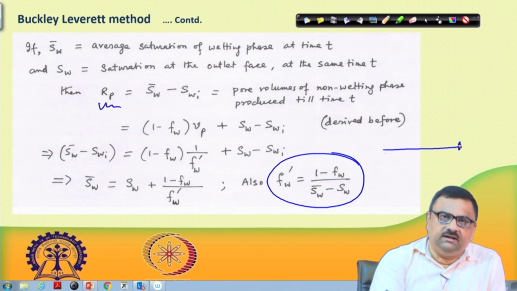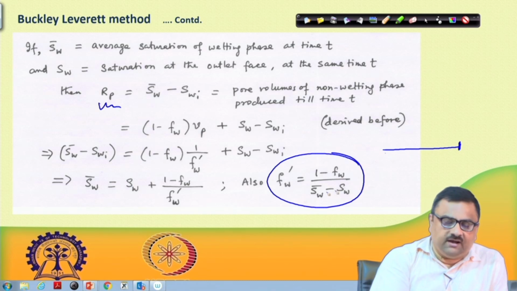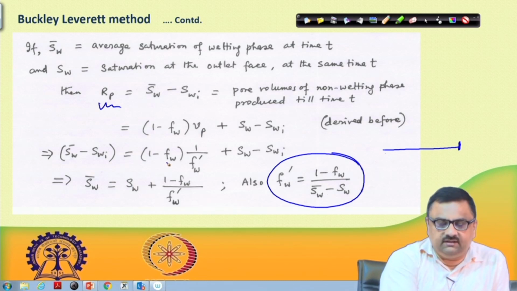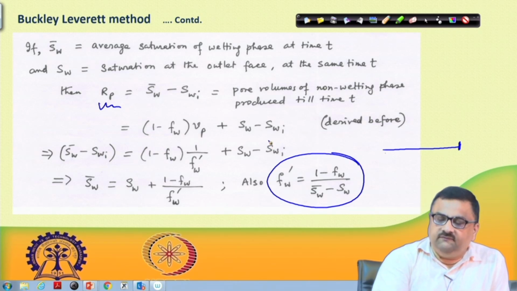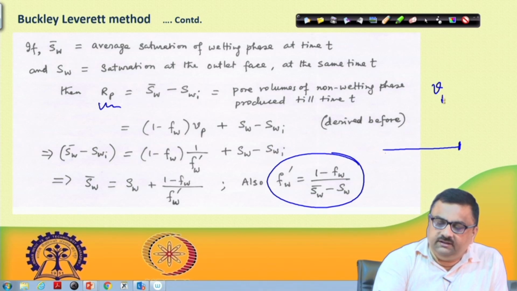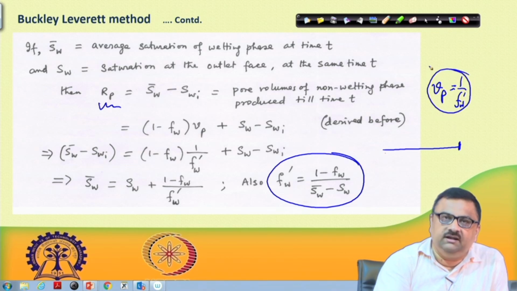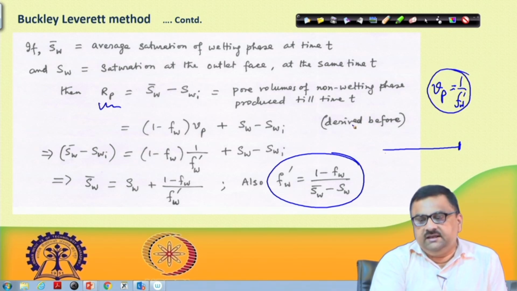This is something we have to keep in mind, because for writing this part of the equation, we have assumed that Vp is equal to 1 by Fw prime, or Fw prime is 1 by Vp. So, this is only valid if we measure, we estimate this Fw prime.